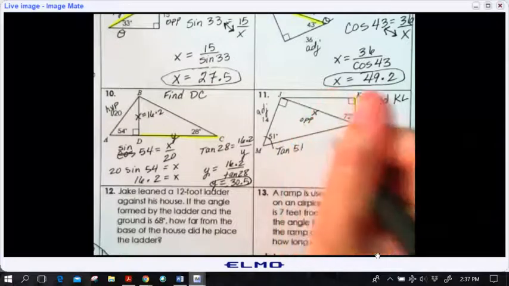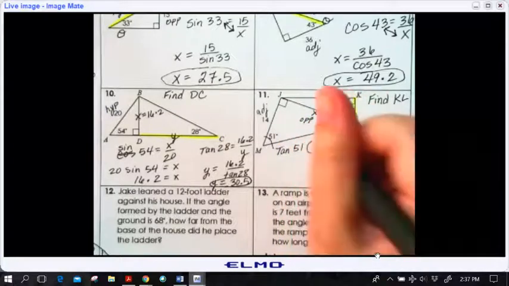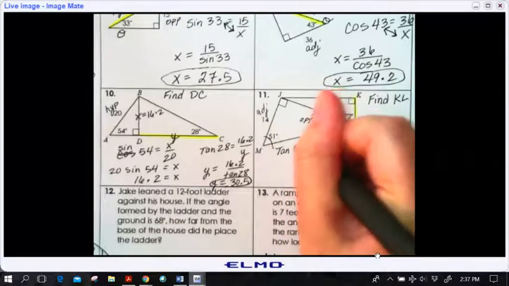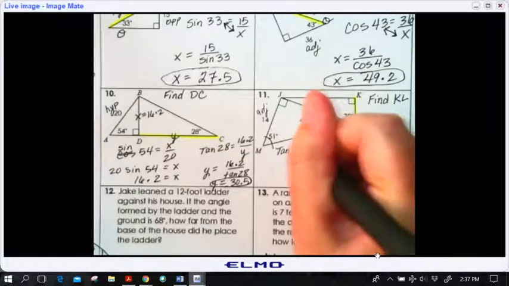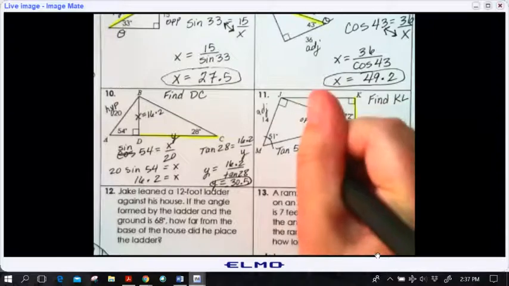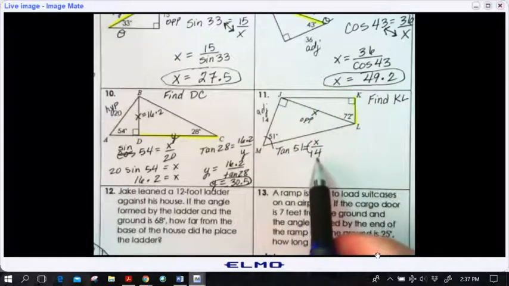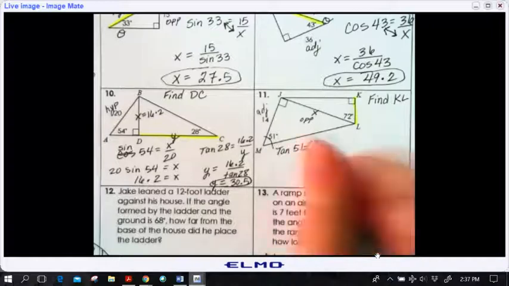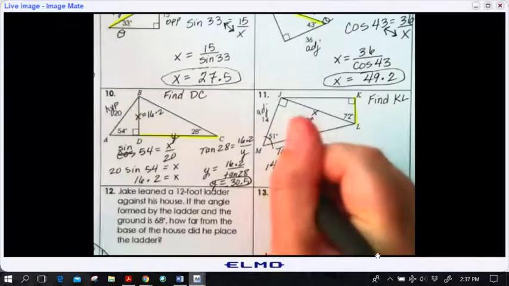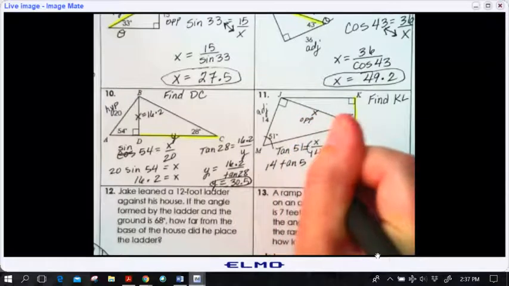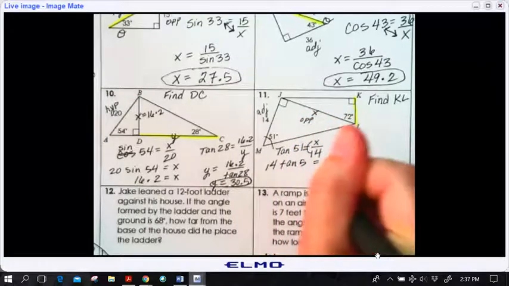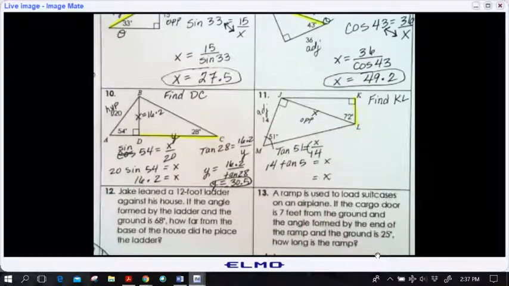of 51 equals, where my opposite goes on top. Sorry, that should say equals, and my adjacent is on the bottom. What I need to do is multiply both sides by 14, and then type this into my Desmos calculator.